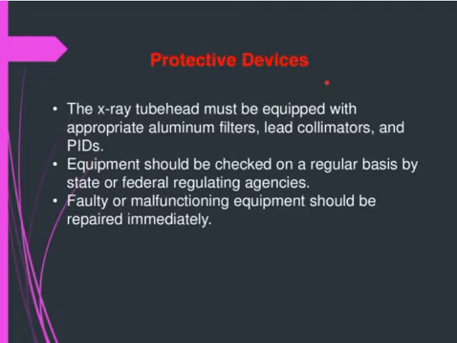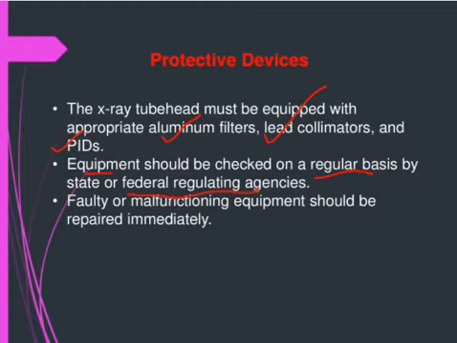Now, protective devices. What protective devices should we have? The X-ray tube head should be equipped with appropriate aluminum filters, lead collimators, and position indicating device. The X-ray equipment should be checked on a regular basis by a federal regulating agency like the FDA.